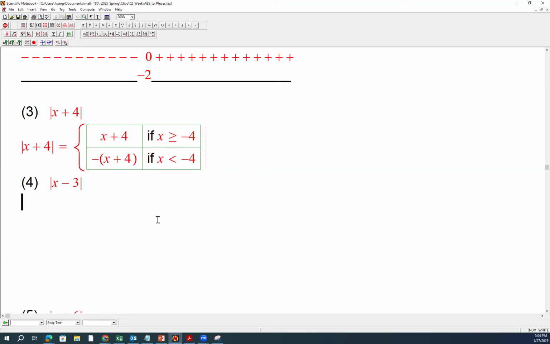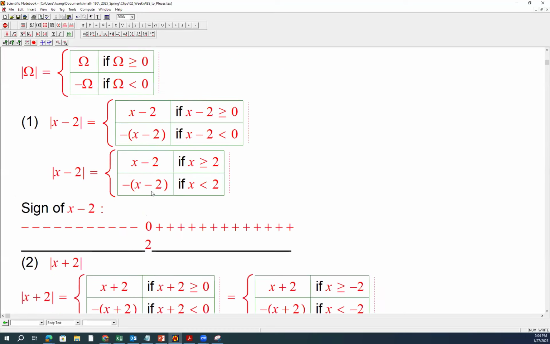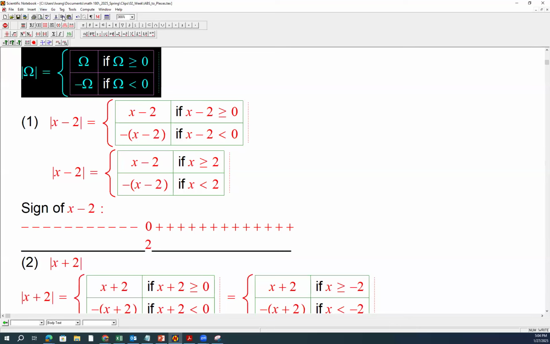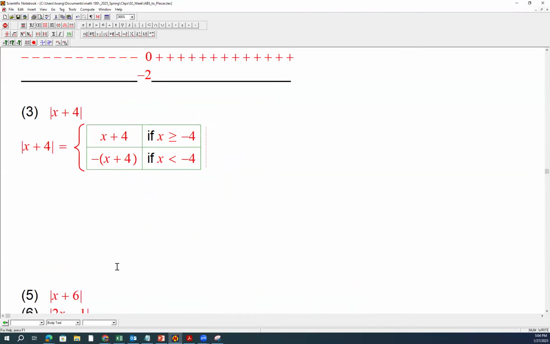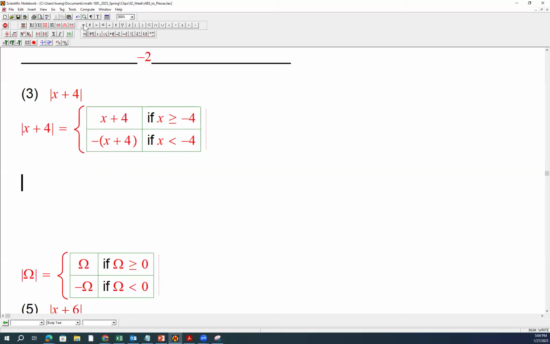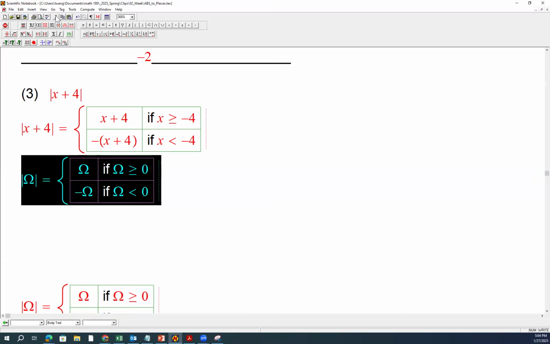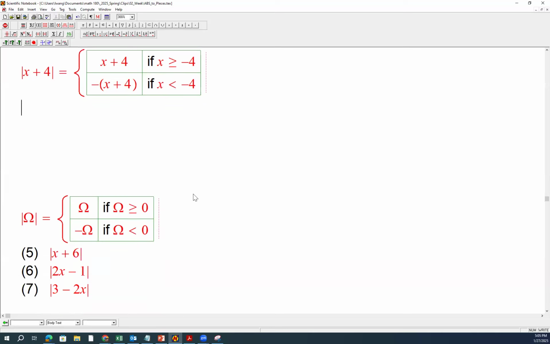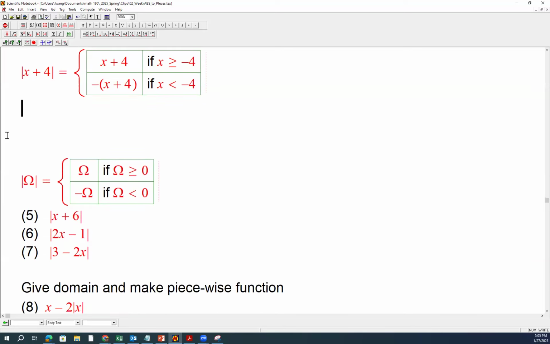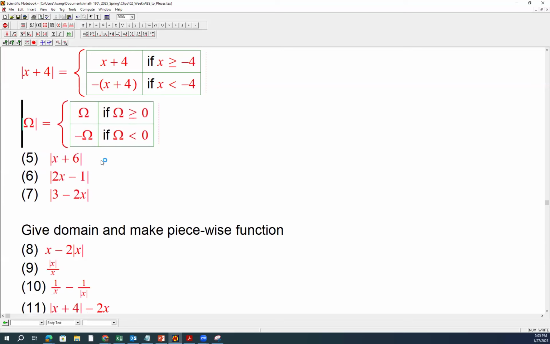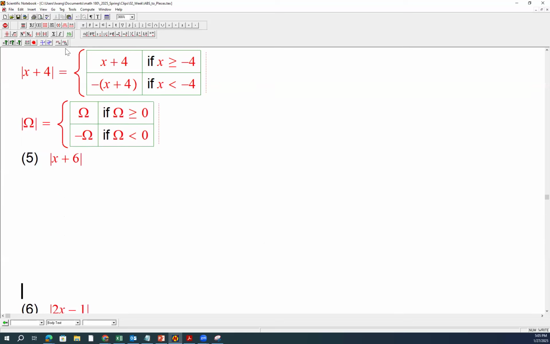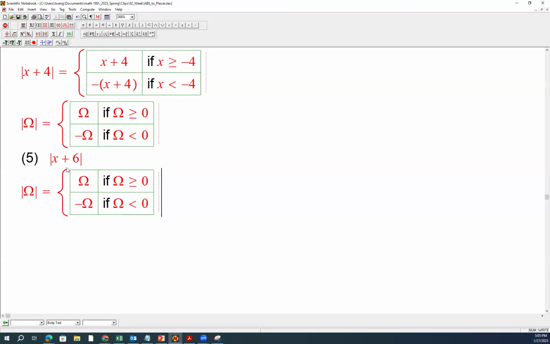And the next one, we have omega again. So let me bring that with us. And this time, oh, we did this already. So now it's for x plus 6. So now omega is x plus 6.